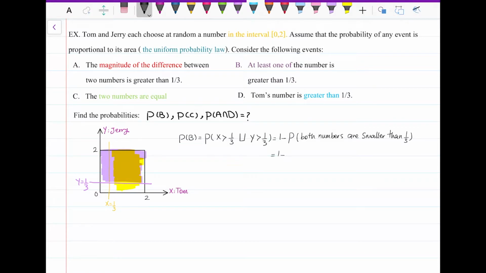Since I have the uniform probability law, the probability of that region would be the area of this small square, which has side 1/3, over the area of the sample space.